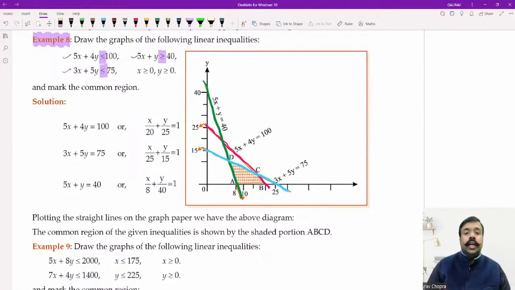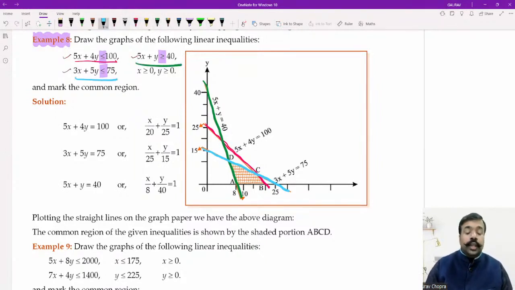So these are the three lines. Now the red one, let's mark this is the red one. The second one was green and the third one was blue.